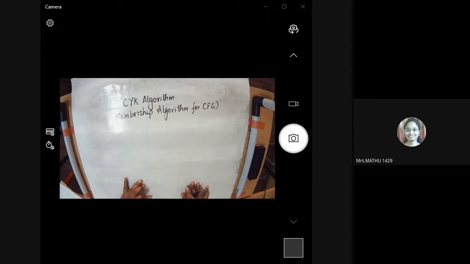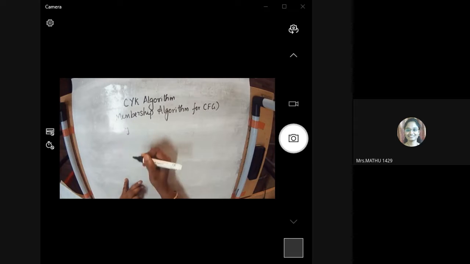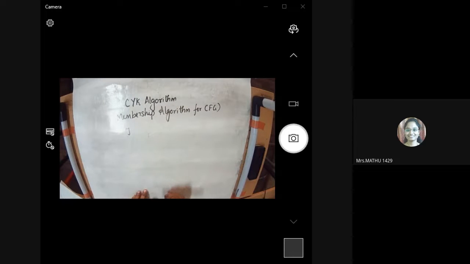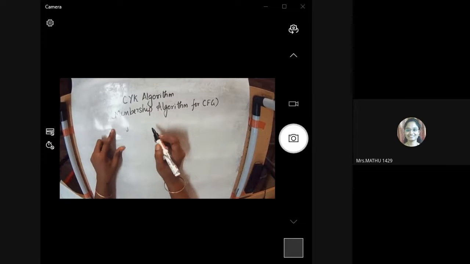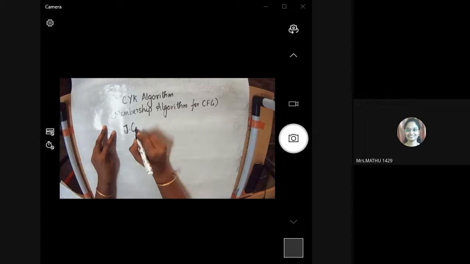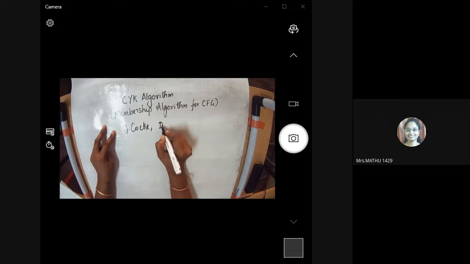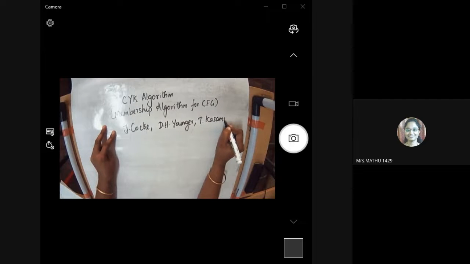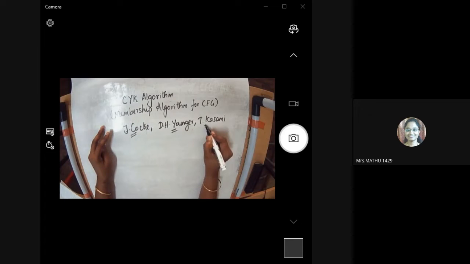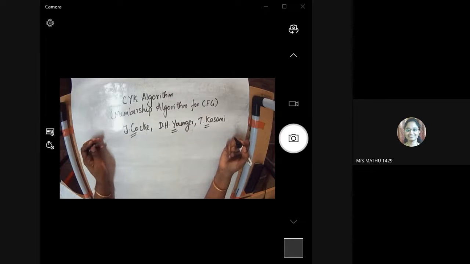The originators of this algorithm are J. Cocke, D.H. Younger, and T. Kasami. Taking the first letter of their names, the algorithm is named the CYK algorithm.